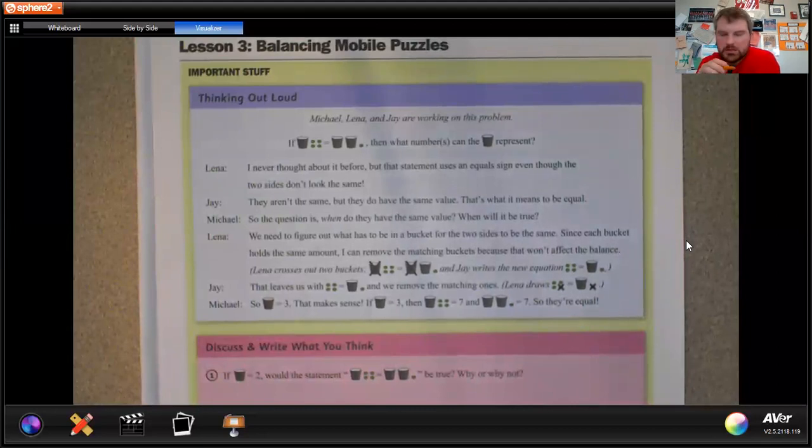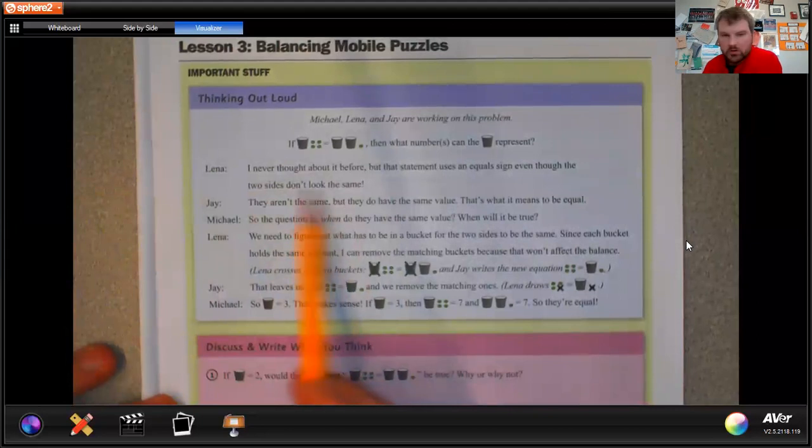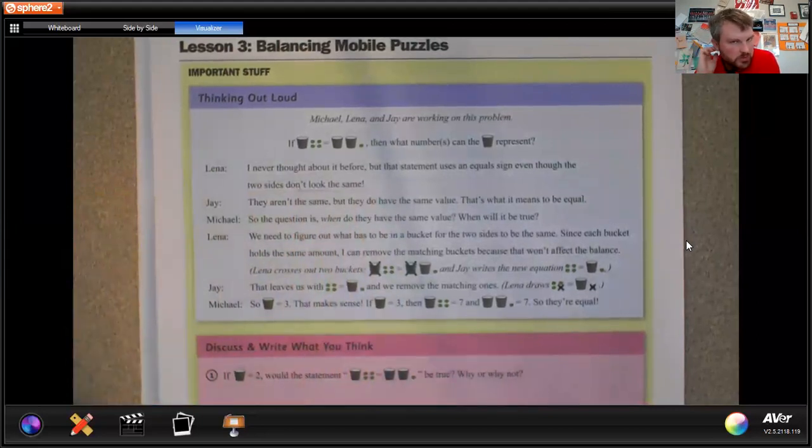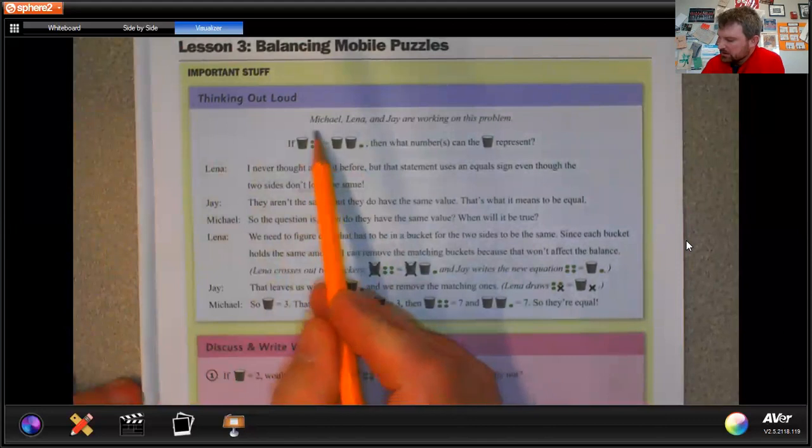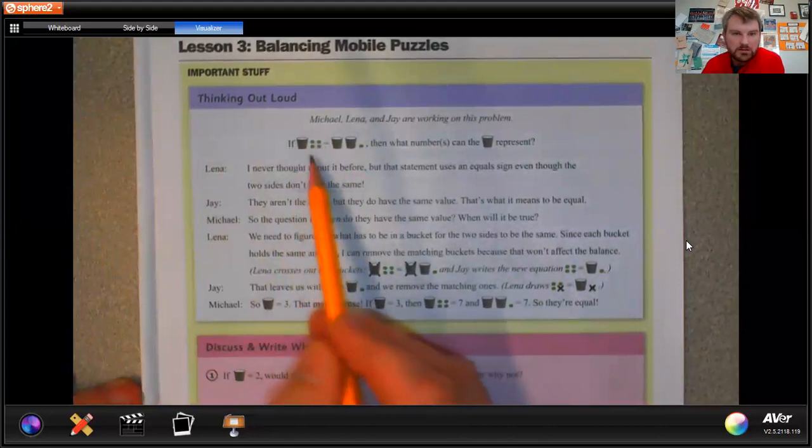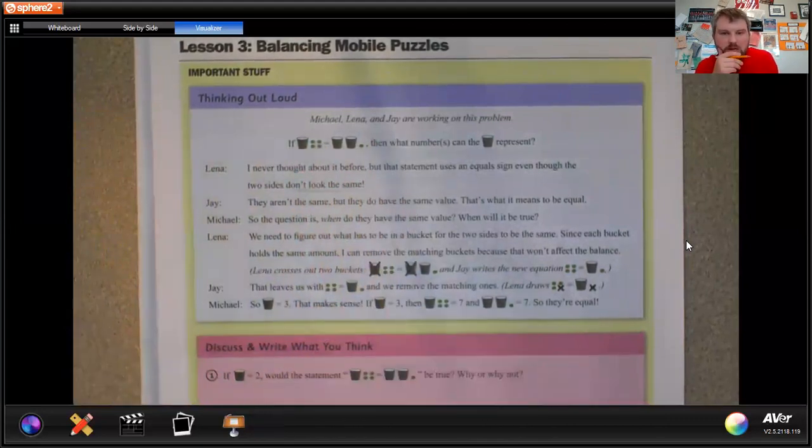And this may be where they go wrong. They're going off of looks, and we shouldn't base our decisions only on looks. And Jay says they aren't the same, but they do have the same value. So what he's saying is this side total has the same value as that right side over there. And that's what it means to be equal.